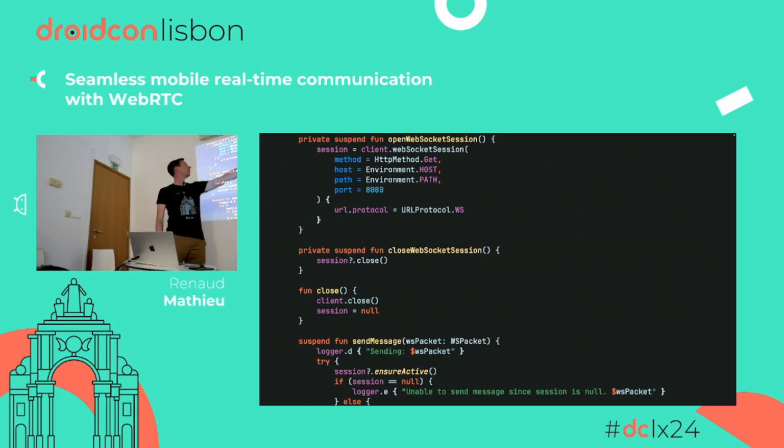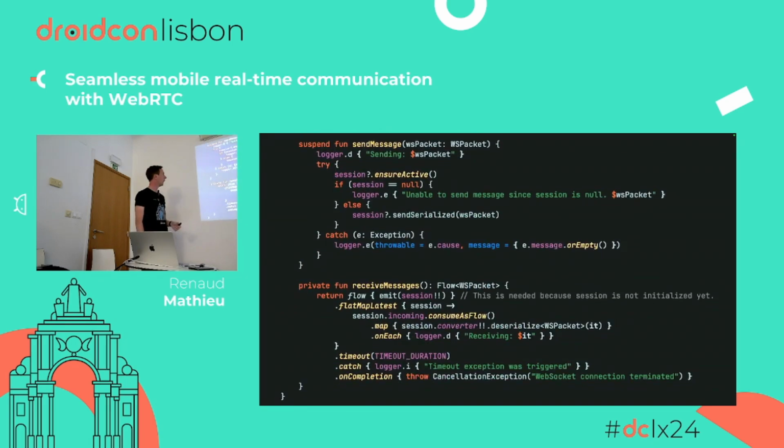Also, I put WS on purpose, but it's better to put WSS, as secure, if you want to be secure. And then that's it. That's Kotlin. I have a flow, so basically I'm ensuring that the session is active, and when it's active, I'm sending my WS packet, and when I receive a flow of WS packets, I consume it as a flow and deserialize it, with a timeout if I didn't receive on time.